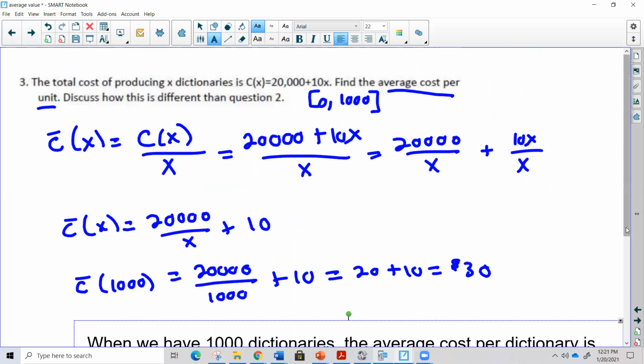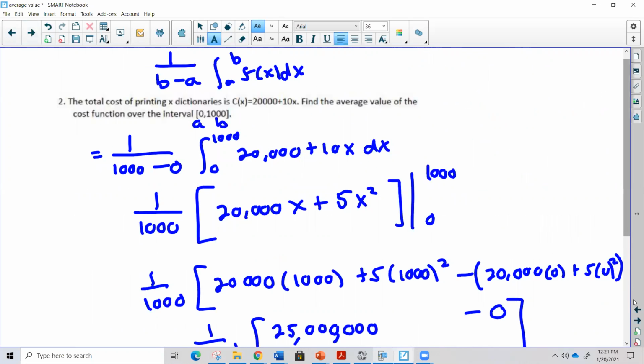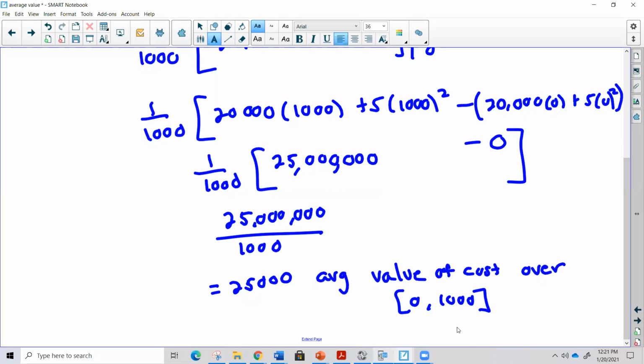This is the average cost per dictionary. So this is the average value of the cost versus the cost per dictionary. That's kind of the difference between the two.